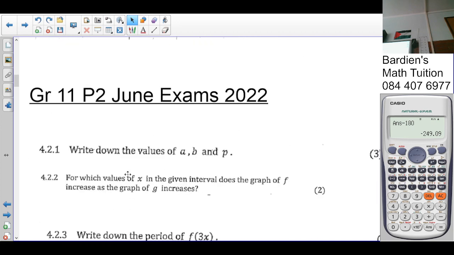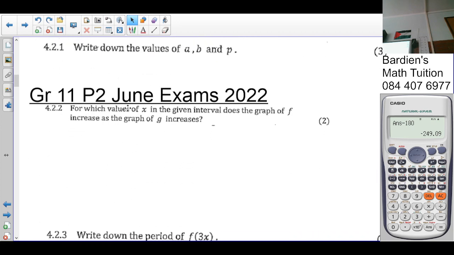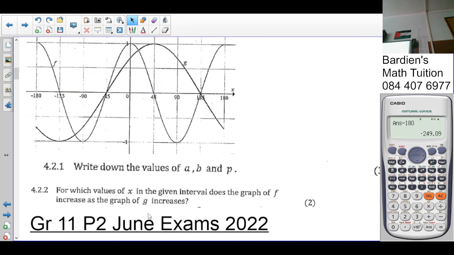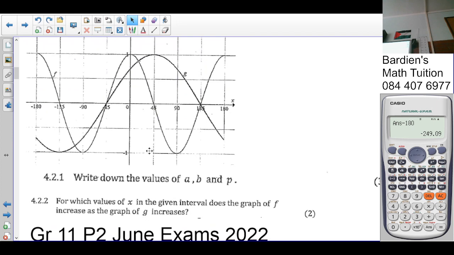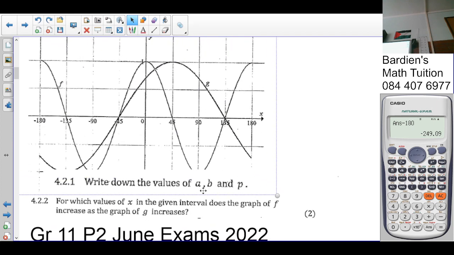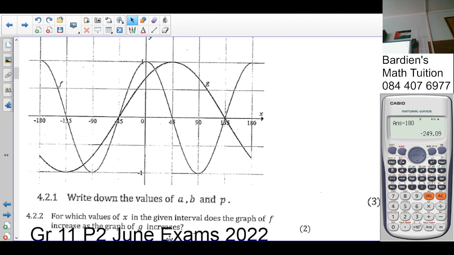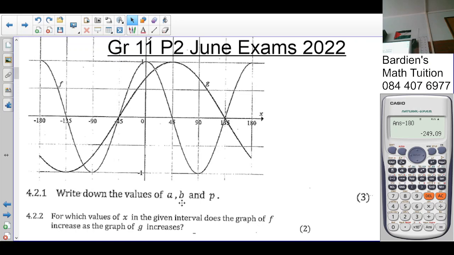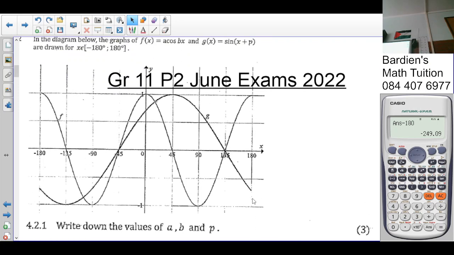The first question says, write down the values of a, b and p.